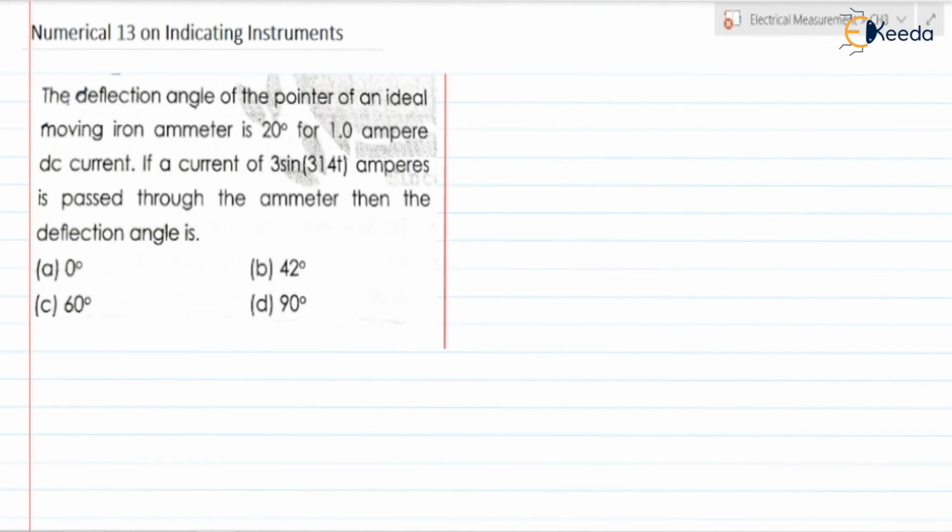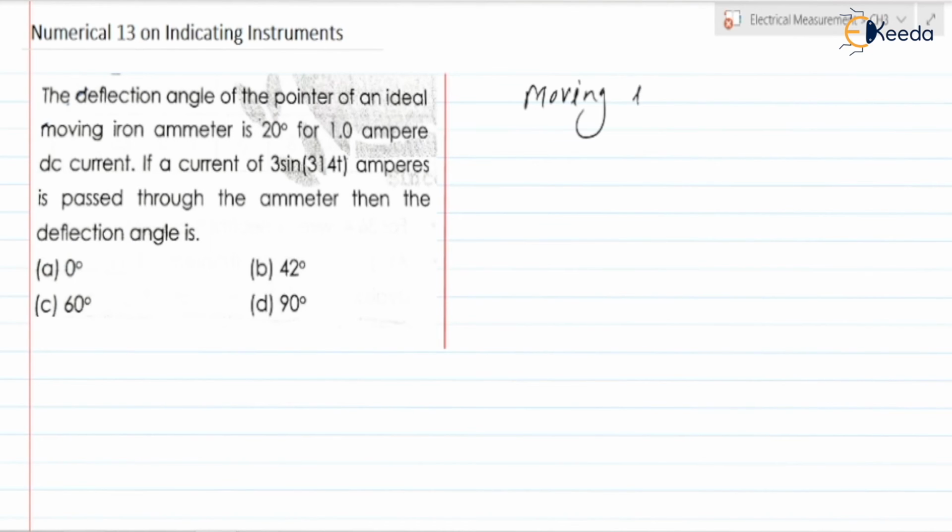The deflection angle of the pointer of an ideal moving iron ammeter is 20 degree for 1.0 ampere DC current. If the current of 3 sine of 314t ampere is passed through the ammeter, then the deflection angle is, and they have given the four options. So here we are having a moving iron ammeter.